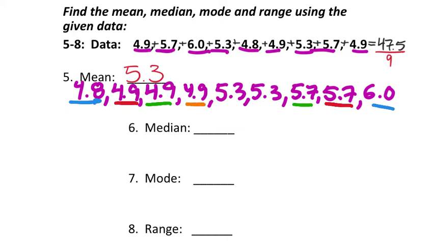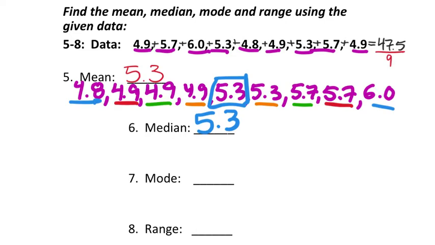And then this 4.9 with the 5.3. And I'm left with one final number right here in the middle, 5.3. So that would be considered our median. It's nice when there's one value right in the middle because we don't really have to do any work with it. But again, if there were 2 values right there in the middle, I'd have to add those 2 values and divide by 2, which is an average of 2 values.